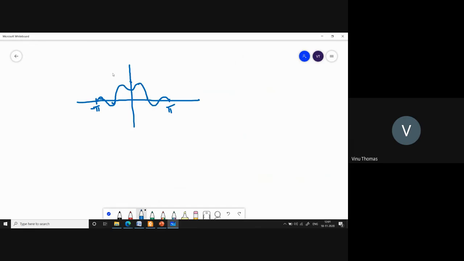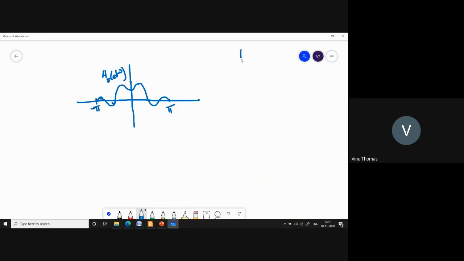And since this is totally real, I can mark this as HR of e power j omega. So this is totally real. So we are not talking about a magnitude response in the sense that this can go both positive and negative. And we had also seen that. So this is the case where the impulse response is symmetric.